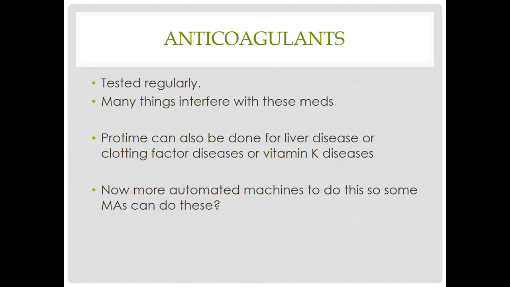There are more automated machines to do this. Some MAs can also do pro time or INR tests in the office. There are little tests that you can do through a finger prick, but it is more accurate to do it at a lab with an automated machine.